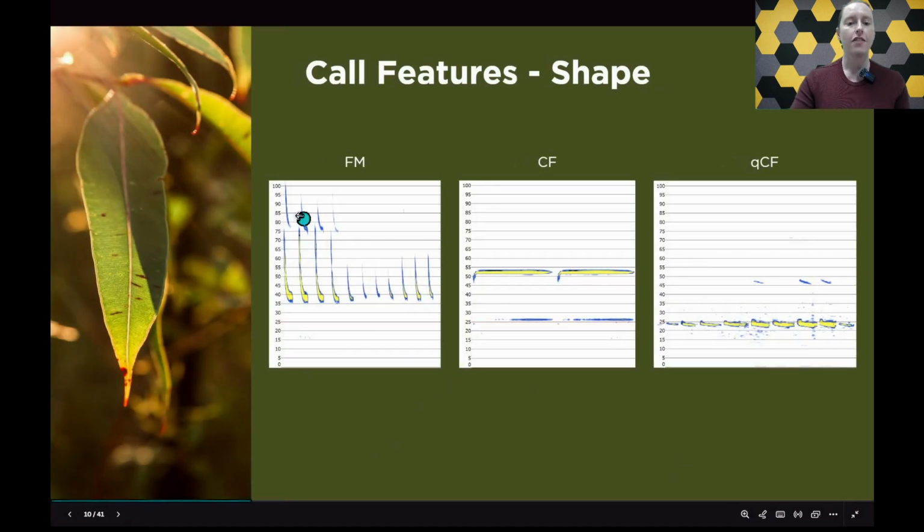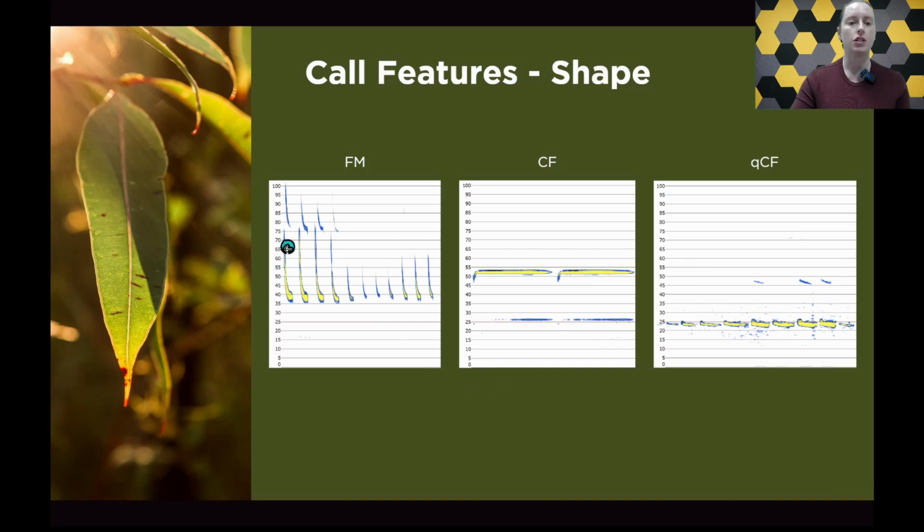So FM calls have this sweep that changes frequency over time. Constant frequency are these perfectly flat frequency over time. Quasi-constant frequency, they're almost flat. They look pretty flat, but they actually do have a slope in them over time.